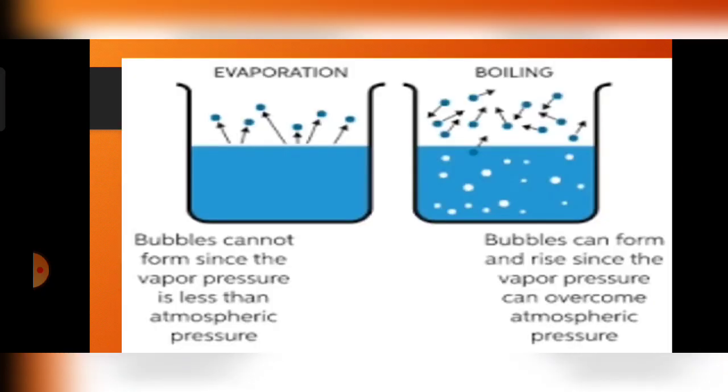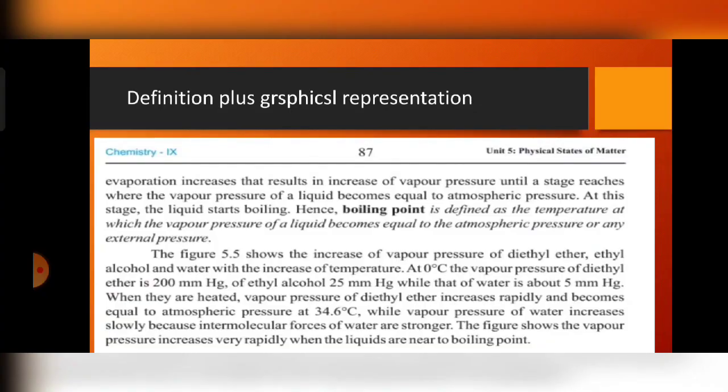Bubbles cannot form when the vapor pressure is less than atmospheric pressure, and bubbles can form and rise when the vapor pressure can overcome atmospheric pressure. Bubbles start to form if the vapor pressure becomes equal to or more than the external pressure.